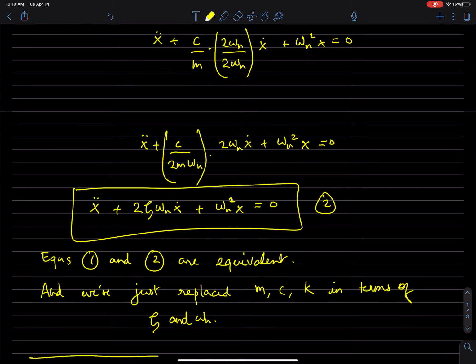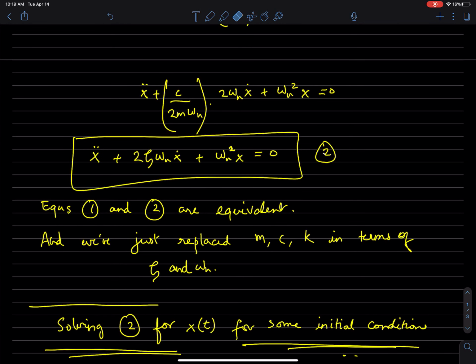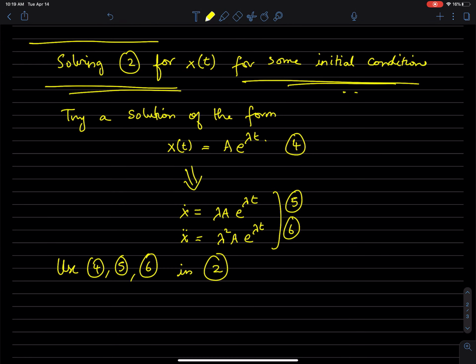Actually, I guess I should have called this equation 4 already, and this is equation 5. These are 6 and 7.